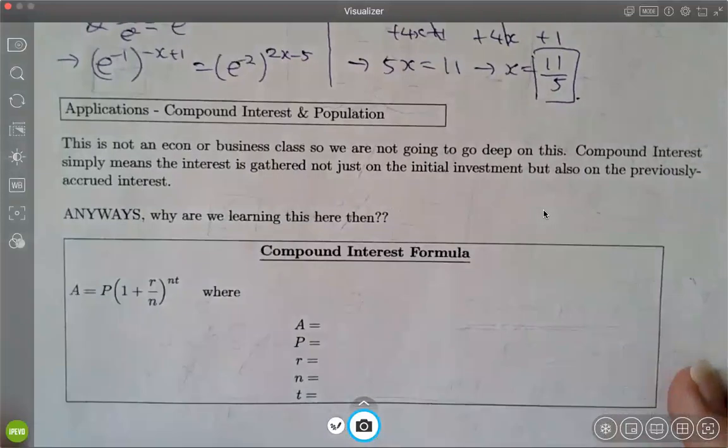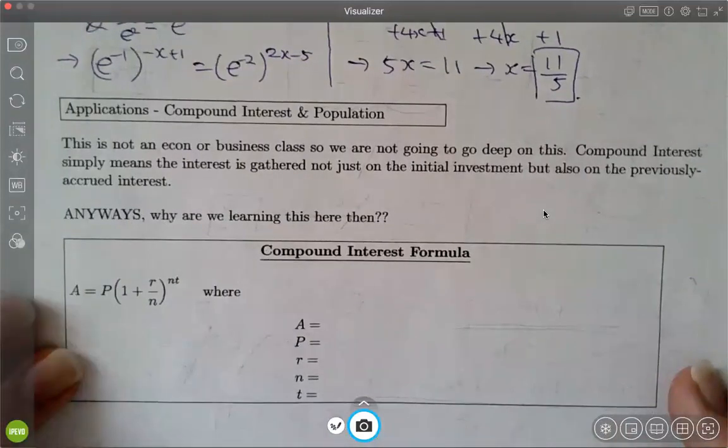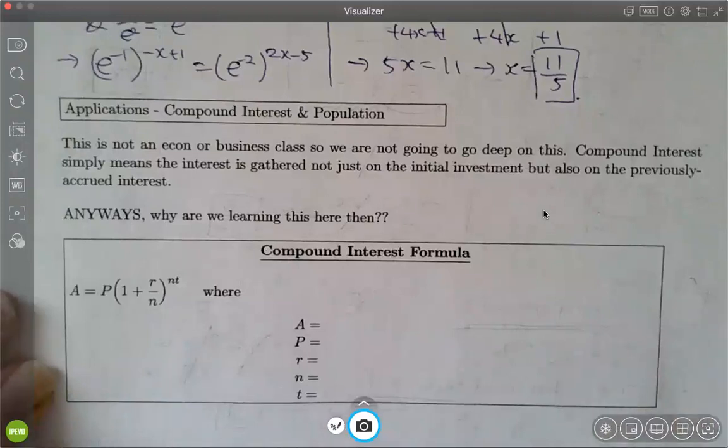For those who plan to major in business or accounting, you might have already heard the term, but that simply means the interest is gathered not only on the initial investment, but also on any of the previously accrued interest.